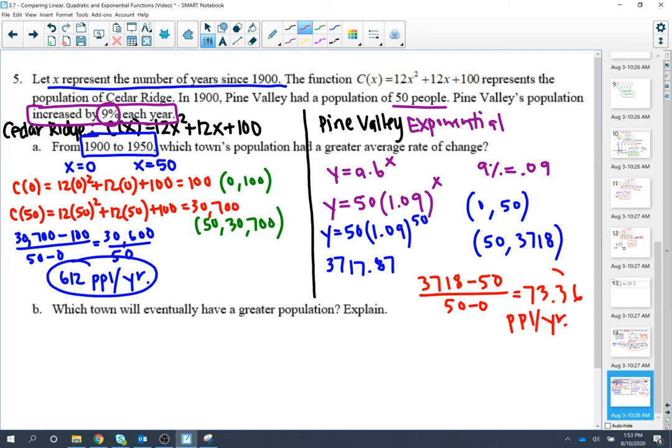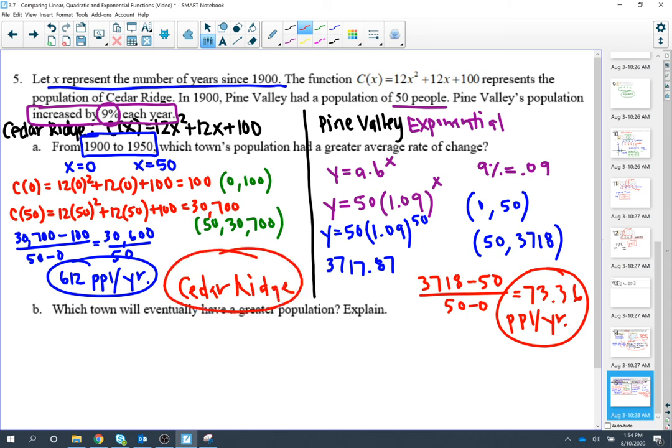And then ultimately, let's see what it actually wanted us to do. From 1900 to 1950, which town's population had a greater average rate of change? That would be Cedar Ridge. Sorry, my pen is writing funny. So Cedar Ridge's average rate of change was 612 people per year versus Pine Valley was only 73.36.